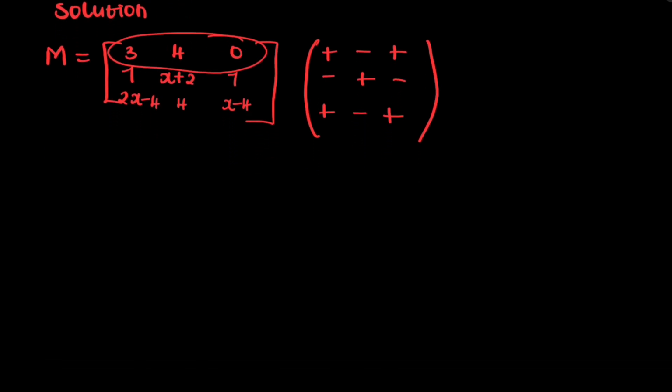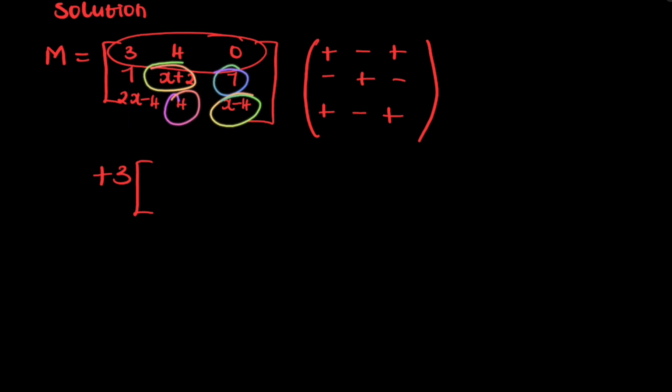So let's start with the first number, plus 3. Now we delete its row, we delete its column. What are we left with? x plus 2, 1, 4, and x minus 4. Write it down. x plus 2, 1, 4, x minus 4.